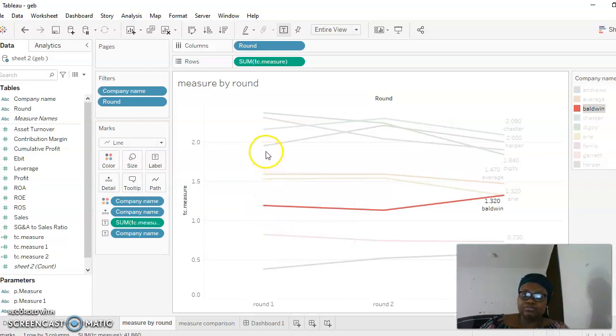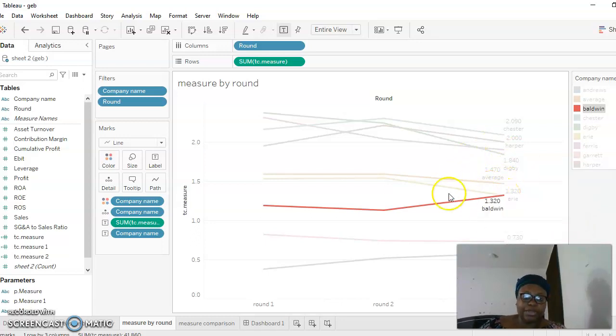So they were performing below the average. Then for the second round, it was 1.130, and the average was 1.590, which is again below the average. And for the third round, Baldwin was performing at 1.320, and the average was 1.470. So they were almost close right here in the third round.